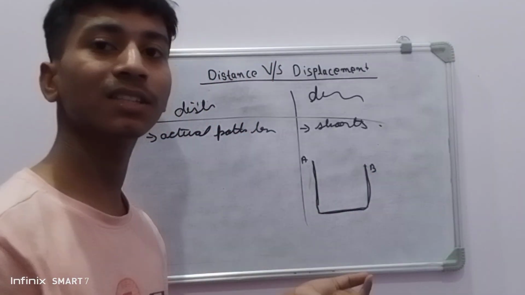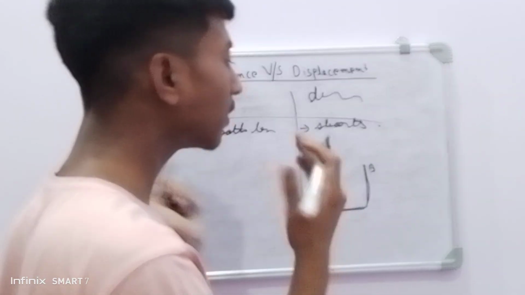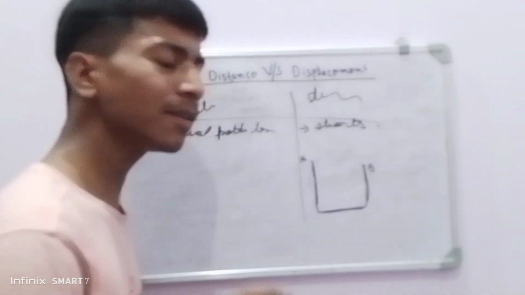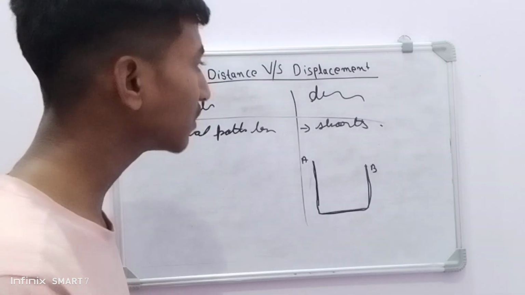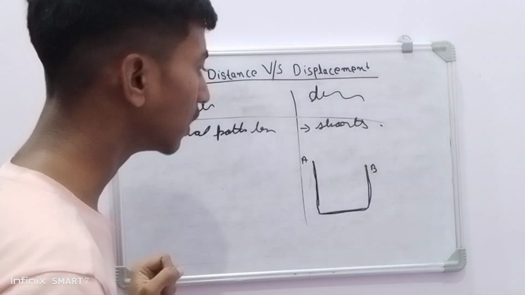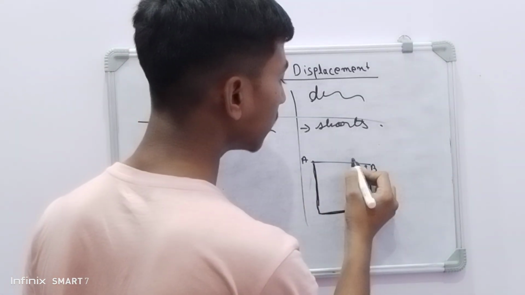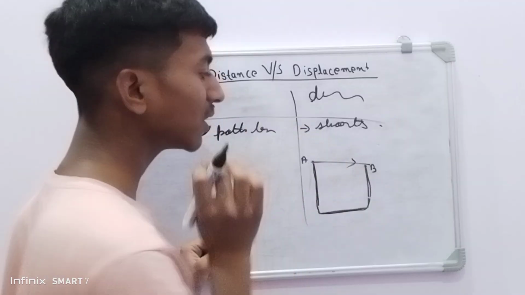This is called the distance because we have covered the actual path length. But if I have to calculate the displacement from A to B, then we could go directly from A to B. So this will be the shortest distance.